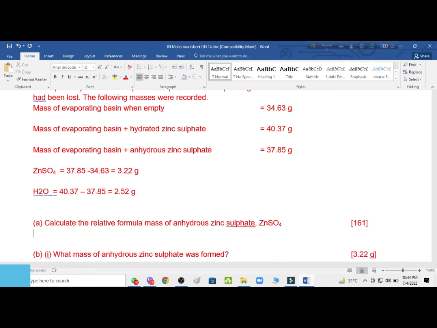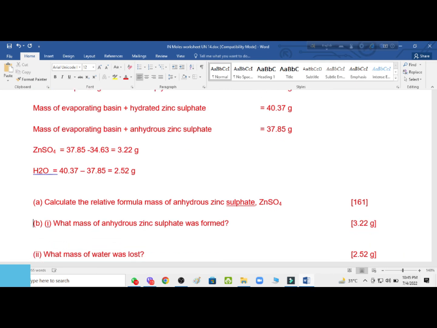Calculate relative formula mass of what's that? Anhydrous zinc sulfate. So for the anhydrous zinc sulfate, add 65.5 plus 32 plus 16 into 4. You will get this. This is the answer. So this is very simple. I'm not going to calculate.